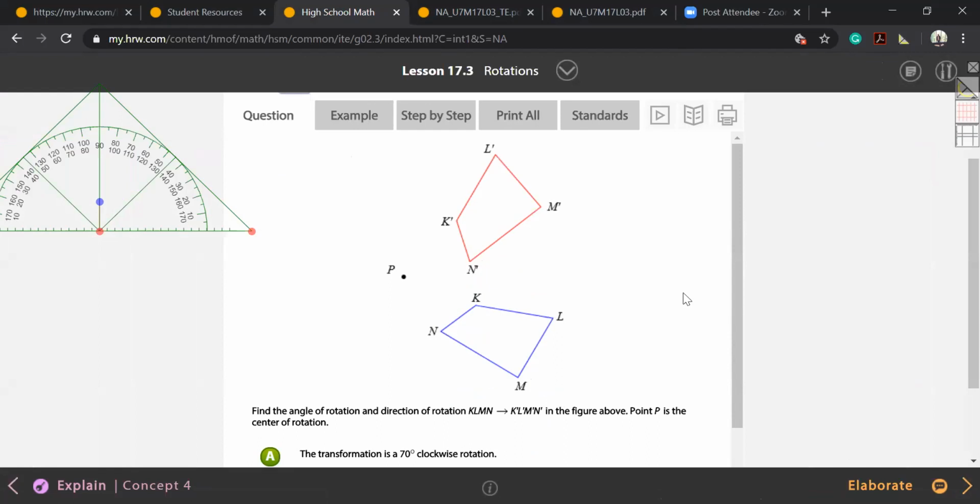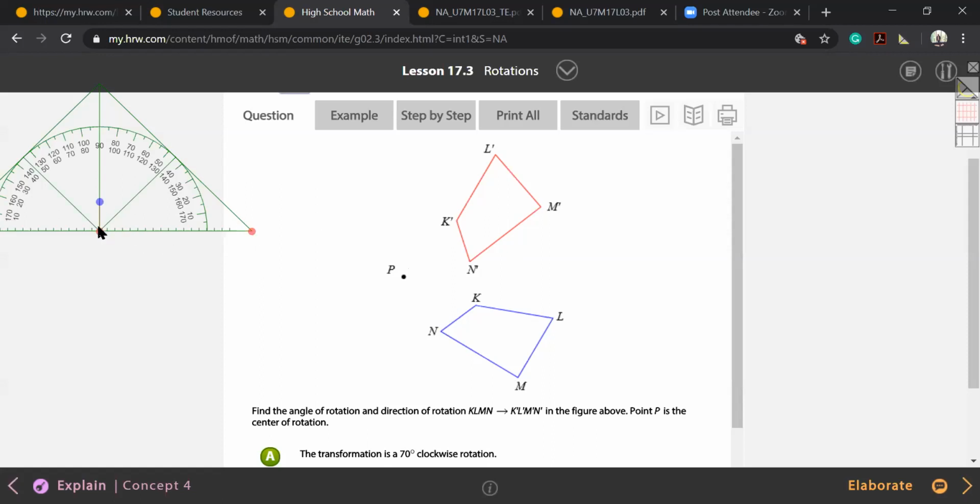Okay, first of all, I have to draw a line. I will draw a line between N, P and N prime, to make an angle for me. N became N prime. What about the direction? It's moving in here, so this was counterclockwise. Okay, and then I will grab my protractor.